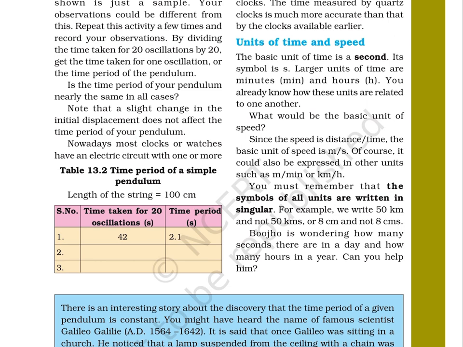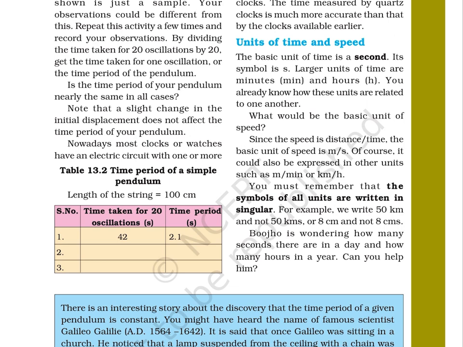In the second column, we have time taken for 20 oscillations in seconds. In the third column, we have time period in seconds. Row 1. Time taken for 20 oscillations is 42. Time period is 2.1. You have to fill in the other rows.